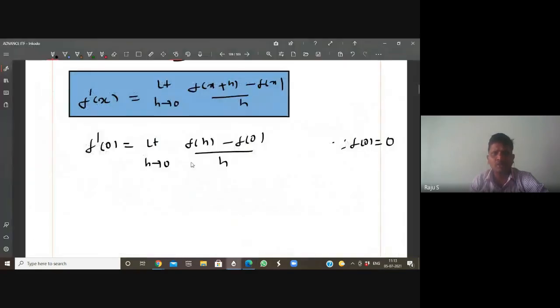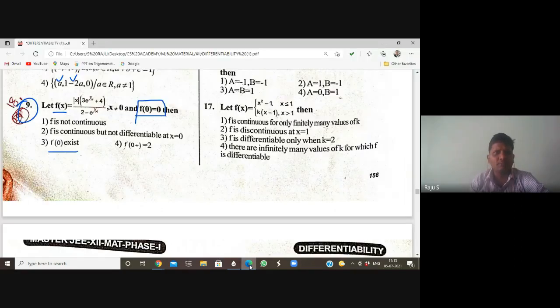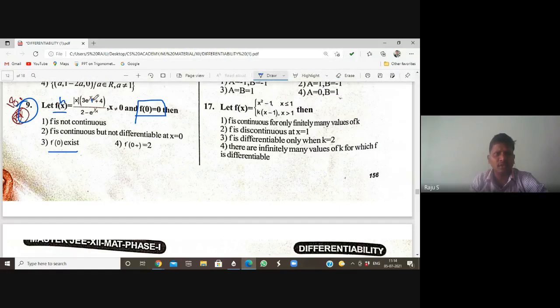Right. Now I want to replace f of h. F of x is given; in place of x, substitute h.